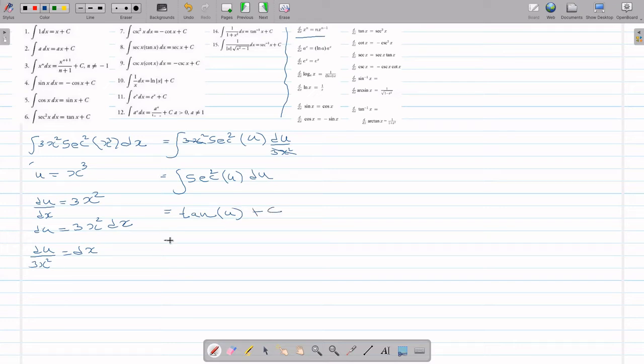Now I have to put back for u. In the place of u, I write x cube, because u is x cube, tan x cube plus c. Okay, good. Two people got it completely correct, the other one got partial. Okay, but good.